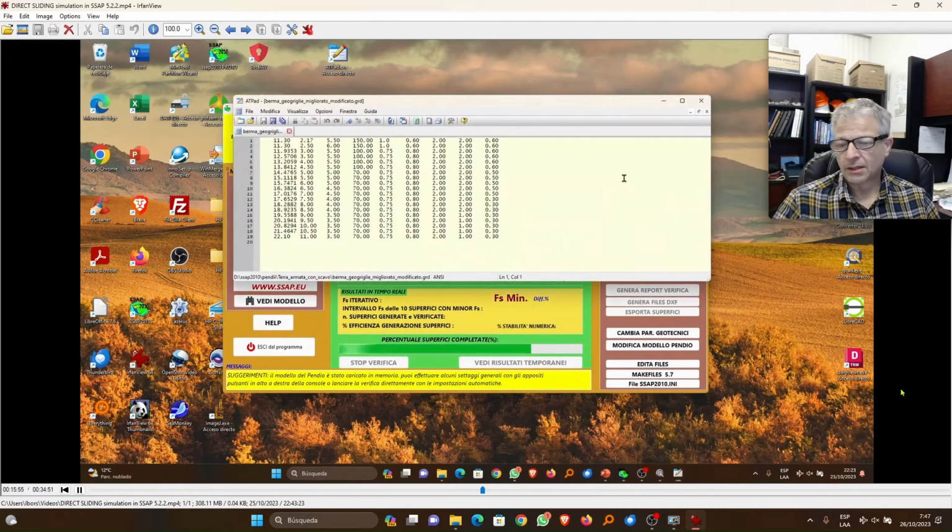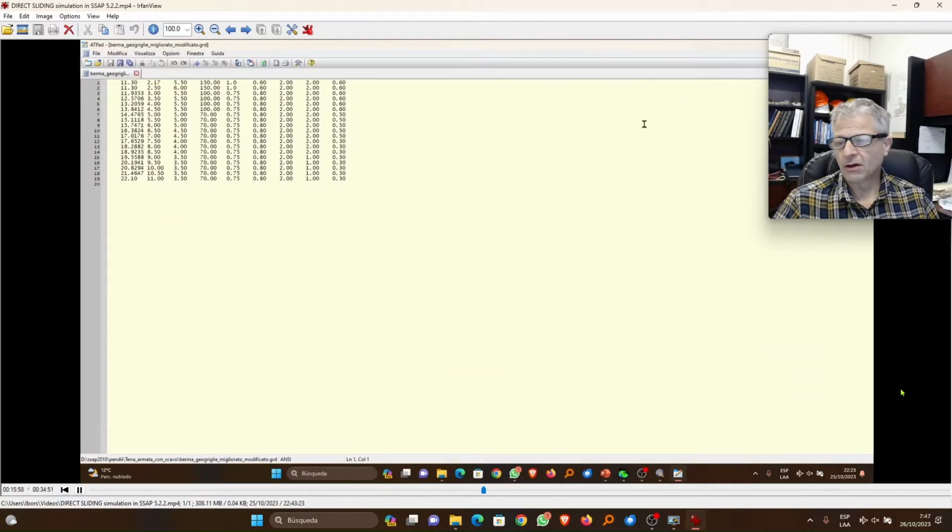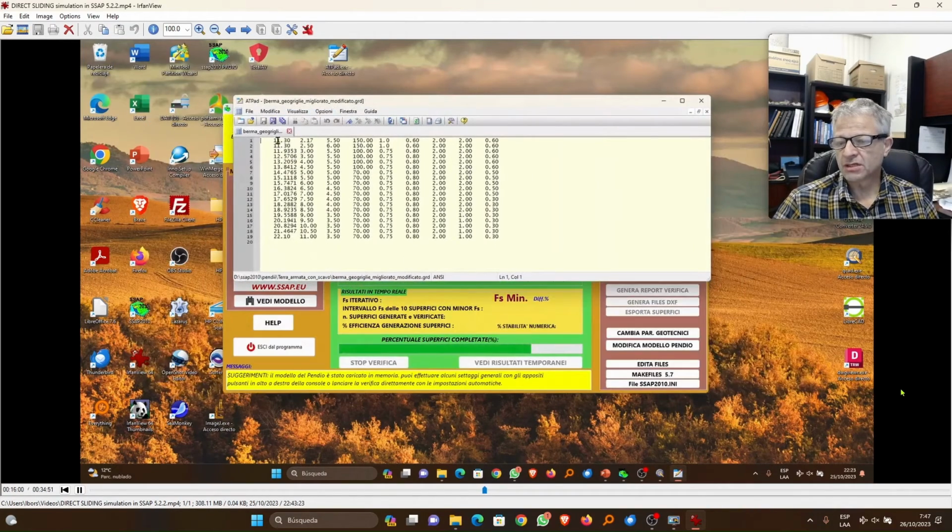I show you the file that contains the data of the geogrids. We have the coordinates of the left portion of the geogrids or geosynthetics. We have different levels of design tensile strength value, and the bearing coefficient FB, the equivalent FDS coefficient, or direct sliding coefficient, for each kind of material.